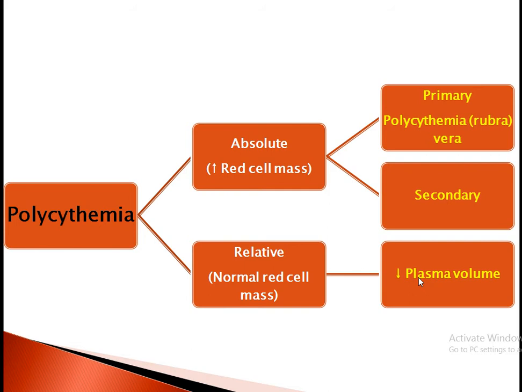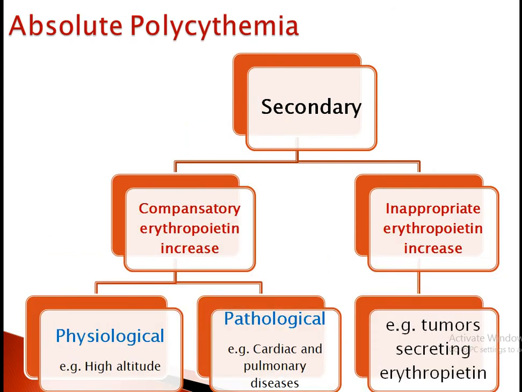So we can say that the normal red cell count is there, but it is relatively higher as the blood plasma volume decreases. Absolute polycythemia, that is secondary, may be compensatory or inappropriate, and may be physiological or pathological, and I have already told you the difference between physiological and pathological.